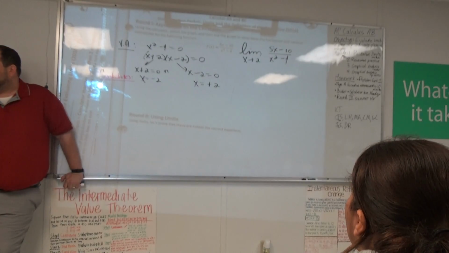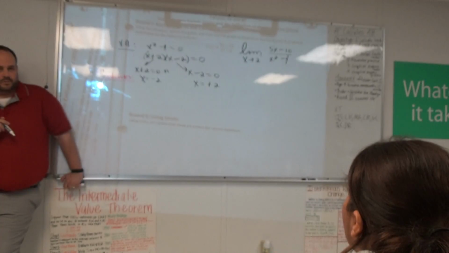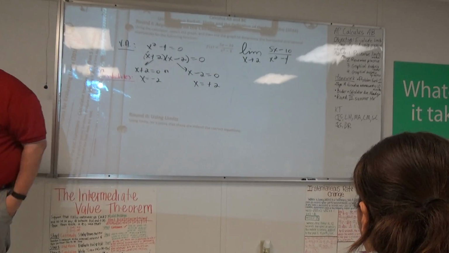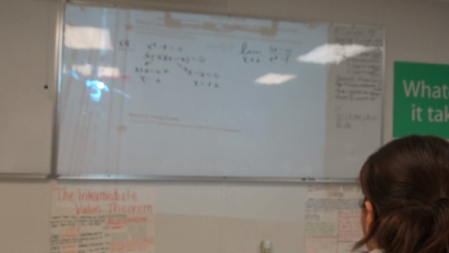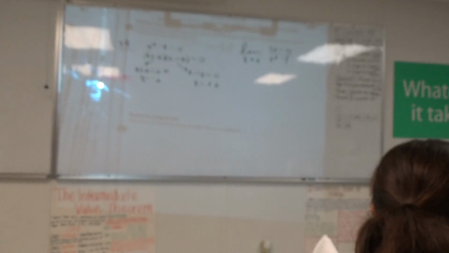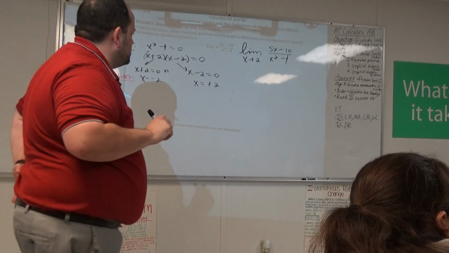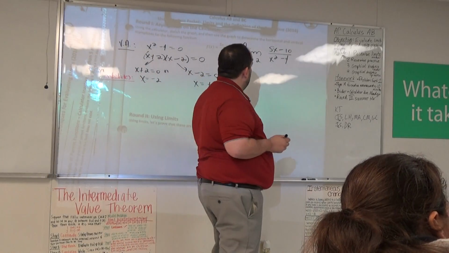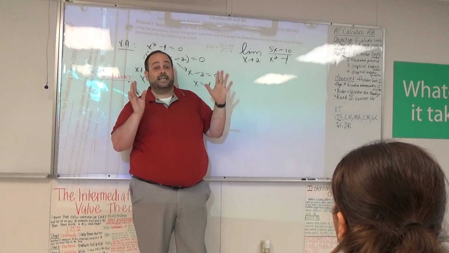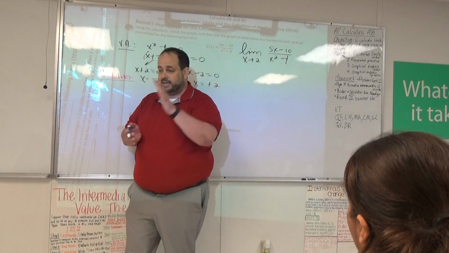What has to be true if we have a vertical asymptote at 2? You might want to check your notes. What must be true if you have a vertical asymptote at x equals 2? Lewis, what has to be true? In terms of the limit, what has to be true? It's a limit definition I want you to think about. So go back to that definition.